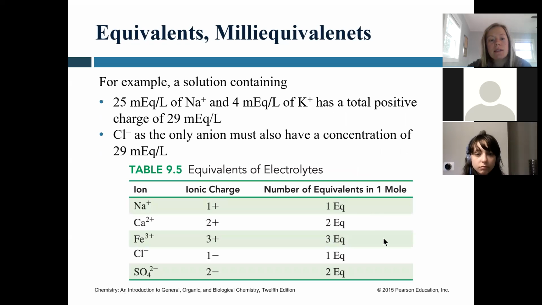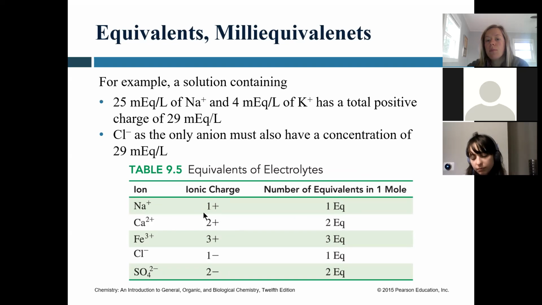So let's look at some examples of this. If I've got Na+, the ionic charge on this is 1+. So I would say the number of equivalents in 1 mole is 1 equivalent. You're getting 1 equivalent or 1 charge for every 1 mole. Now, what if we have something that has a bigger charge, like Ca2+?